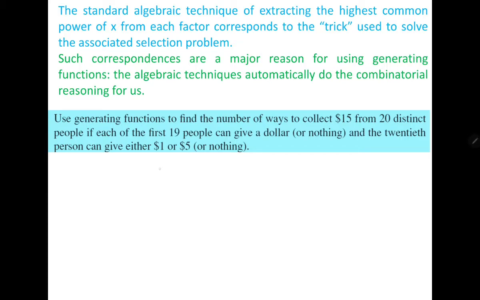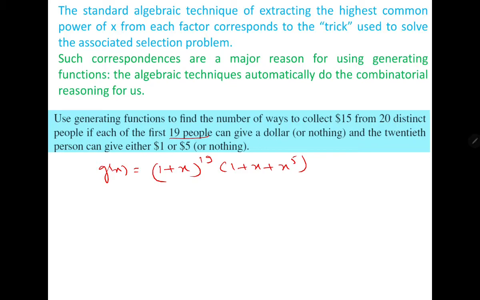So for the first 19, for each person, what is the possibility? Either 0 or 1, which means x raised to the power 0 and x raised to the power 1, and it gets repeated 19 times. For the 20th it is 1 plus x plus x raised to the power 5. So this is your g of x.